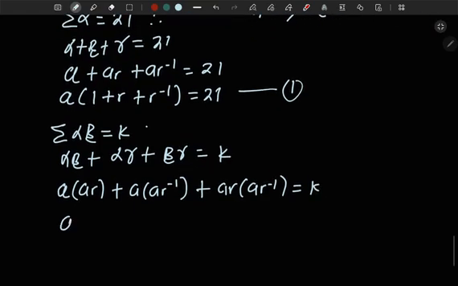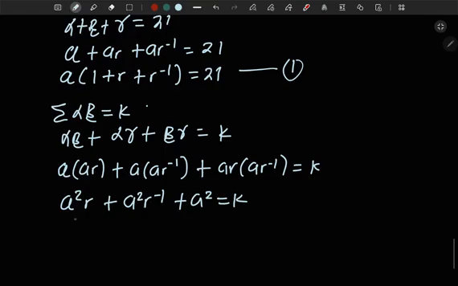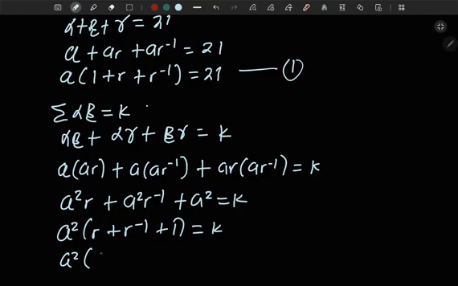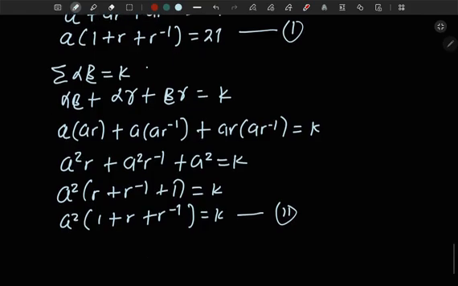In simplest form, this is a squared r plus a squared r to the power minus 1 plus a squared equals k. Factorizing a squared, we have a squared times r plus r to the power minus 1 plus 1 equals k, which can be rearranged and written as a squared times 1 plus r plus r to the power minus 1 equals k. Let's call this equation 2.